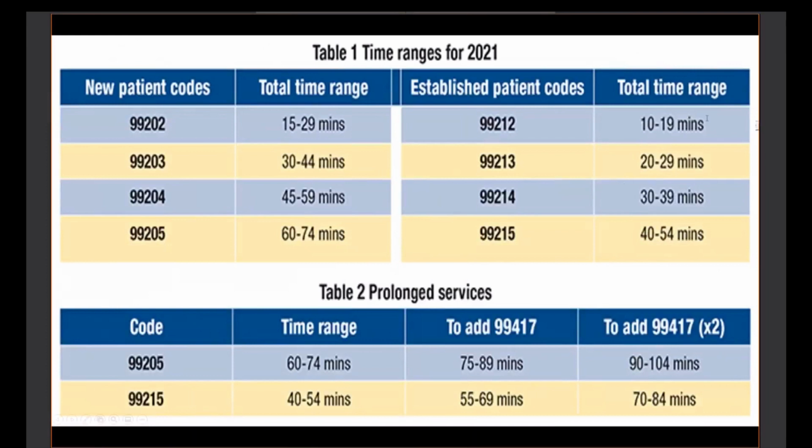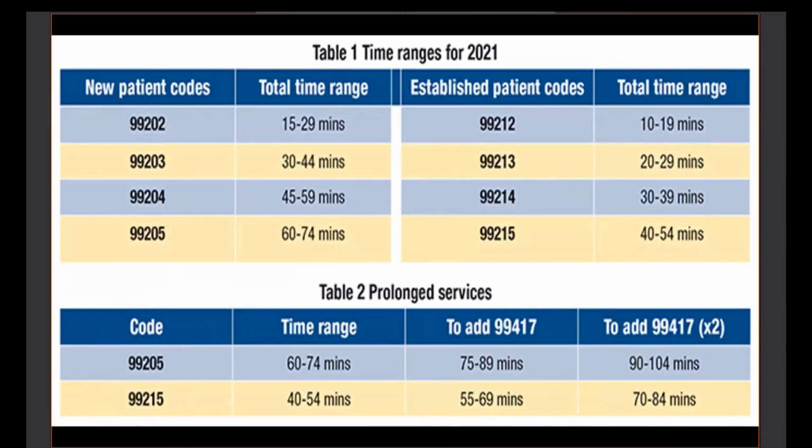So I didn't address the additional codes that you can put in with the well checks, because when you see a well check, you can put in an additional E&M service if the patient has something that you are going to address.